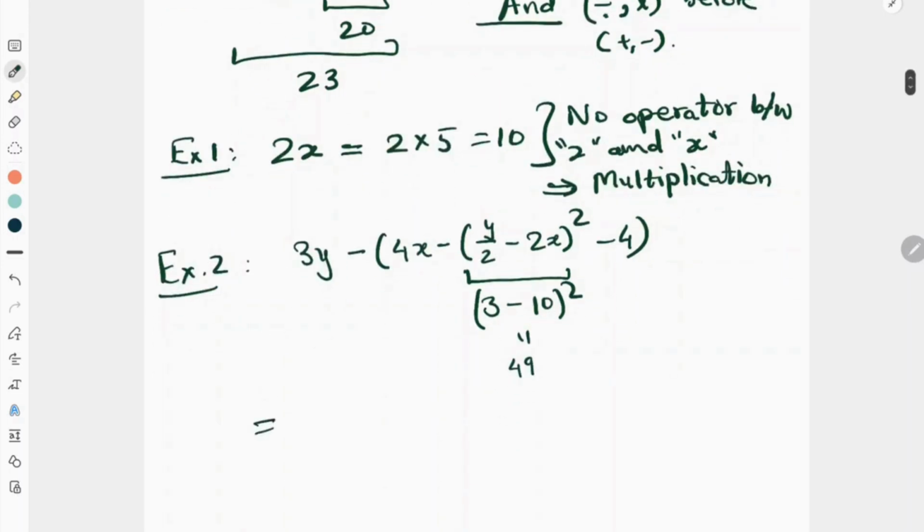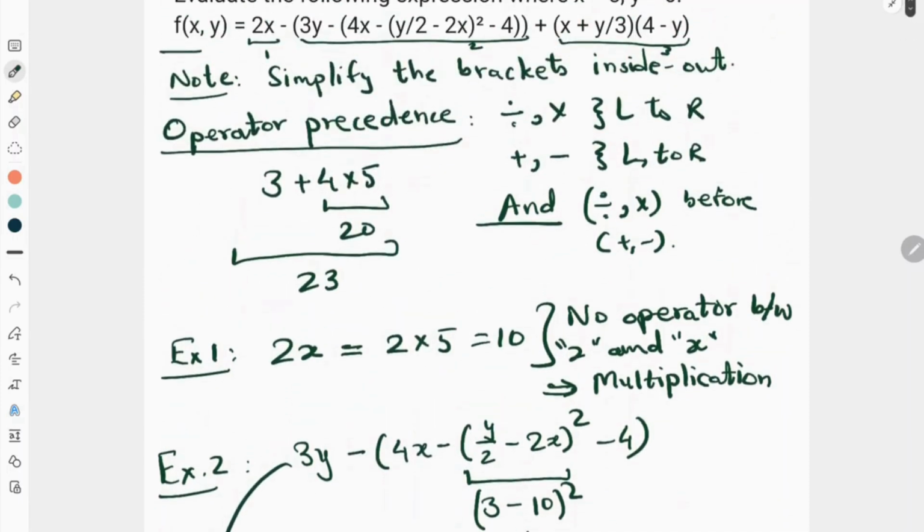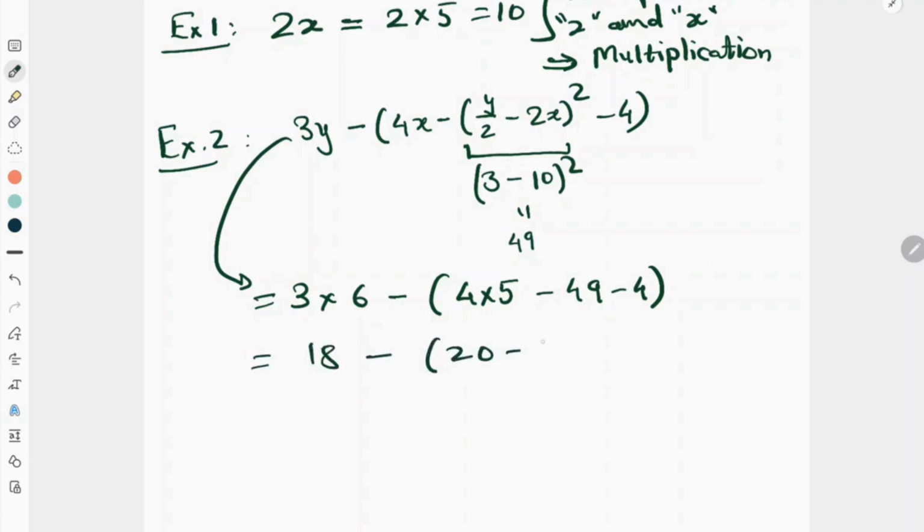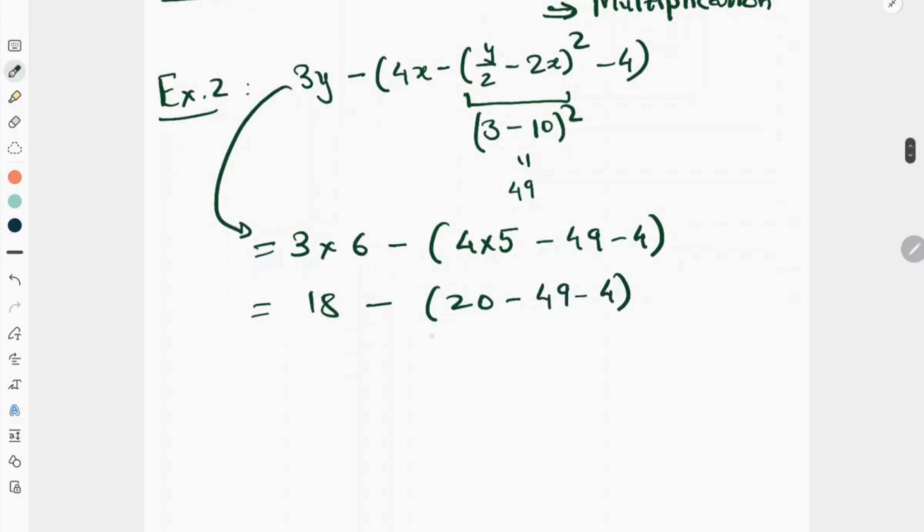So our expression is equal to 3y, which is, y is 6, so 3 times 6 is 18, minus 4x, 4 times 5 is 20, minus, we evaluated the innermost bracket, 49 minus 4. So 18 minus 20 minus 49 minus 4. As usual, let's solve the brackets first. 20 minus 49 minus 4: 20 minus 49 is minus 29, minus 4 is minus 33.